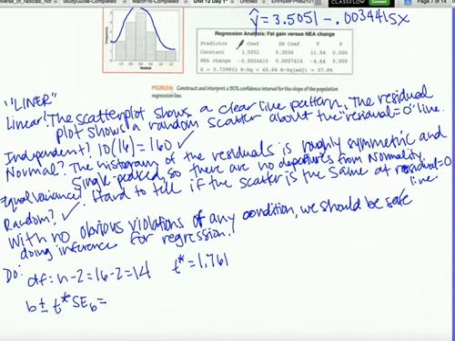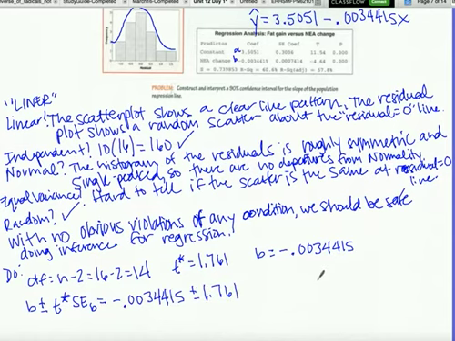Remember that this represents our A and this represents our B. So that makes our B negative 0.00344415. In our formula, that is negative 0.00344415 plus or minus 1.761 times our standard error of B.